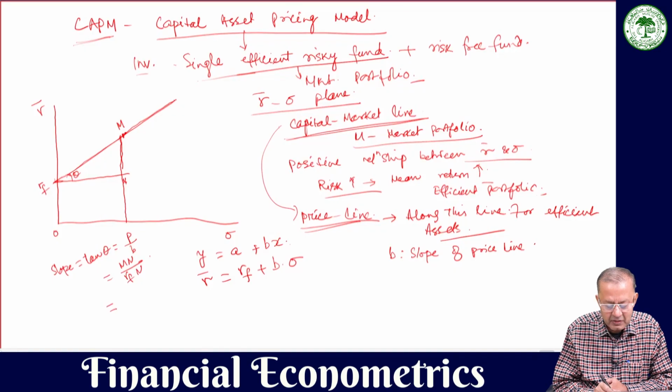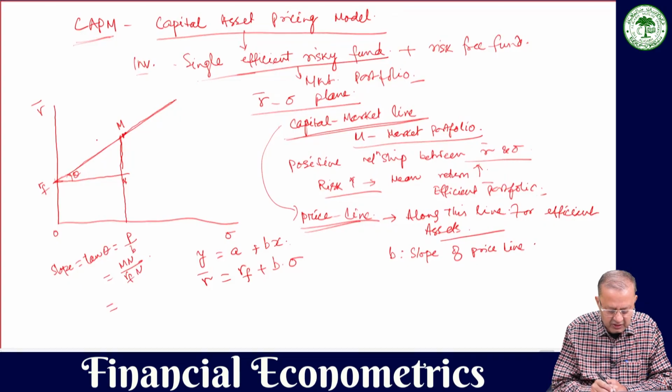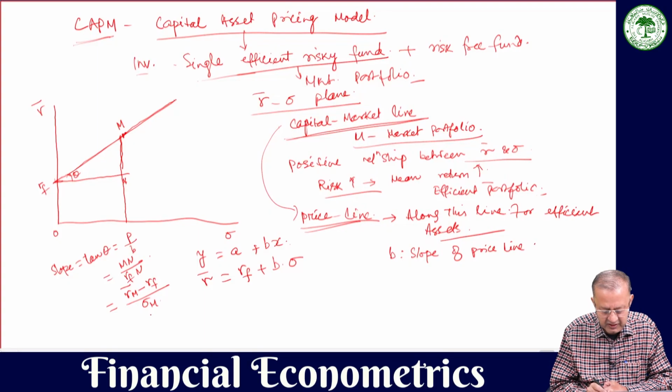So what is this MN? MN is nothing but rm bar minus rf, divided by sigma m, it's RFN.